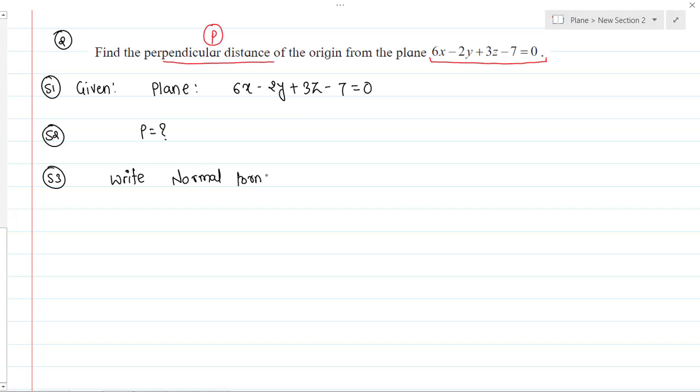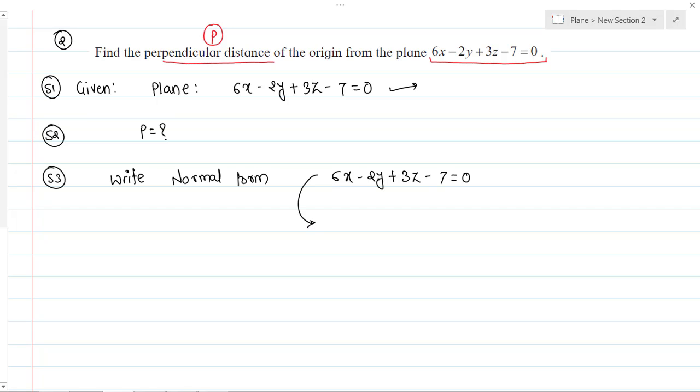So this question can be solved in two ways. Either you can take the same Cartesian equation or you convert the Cartesian equation into vector equation and proceed. Okay, we will see both approaches. So first let me take the second approach, that is normal form. How will we convert the given 6x minus 2y plus 3z minus 7 equals 0 into vector form?